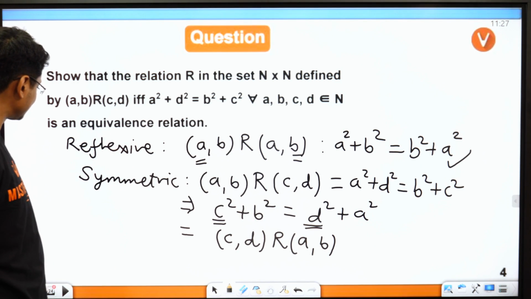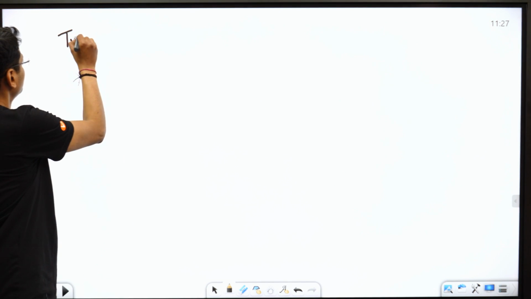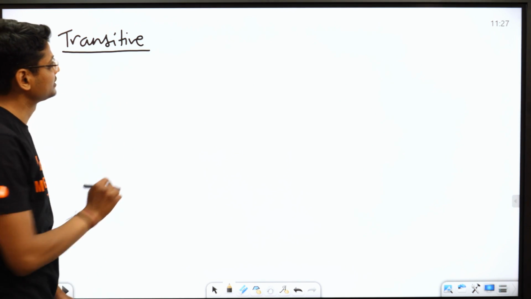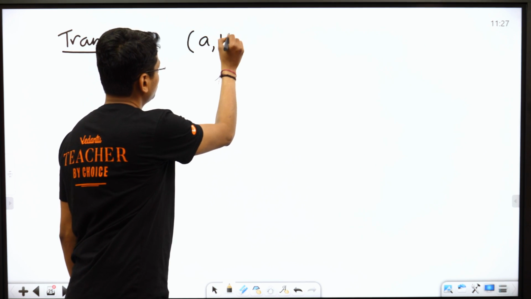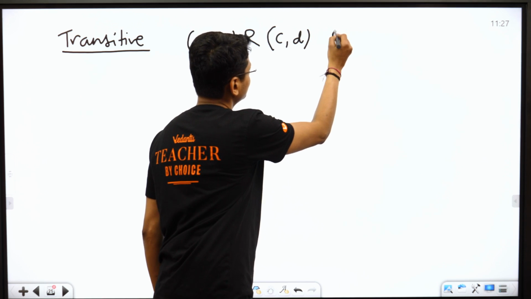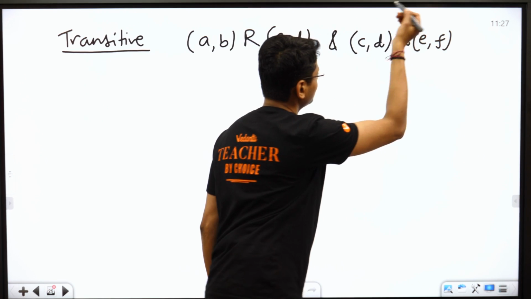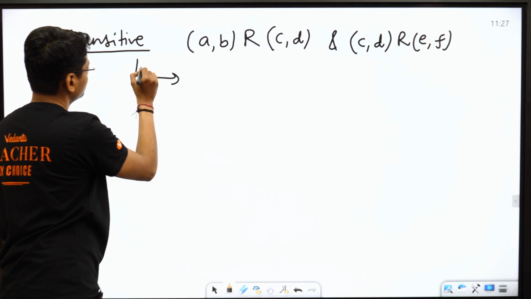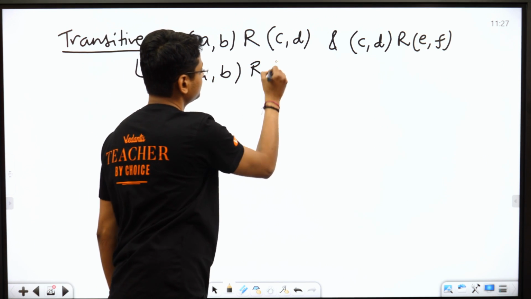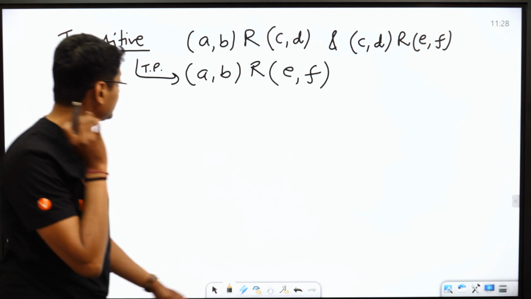Now moving ahead, to prove that it is transitive, that is to prove that the relation is transitive. So this means if (a, b) is related to (c, d) and (c, d) is related to (e, f), we have to prove (a, b) is related to (e, f).